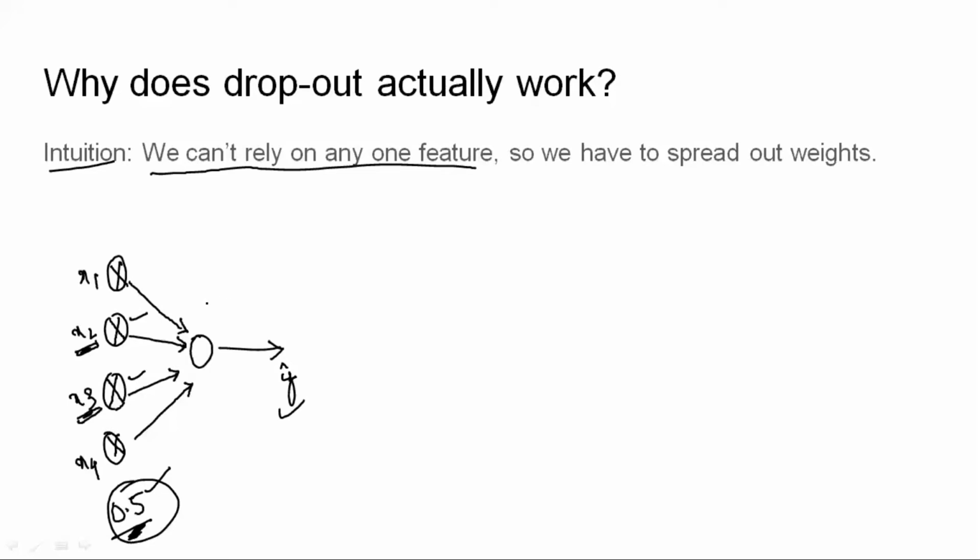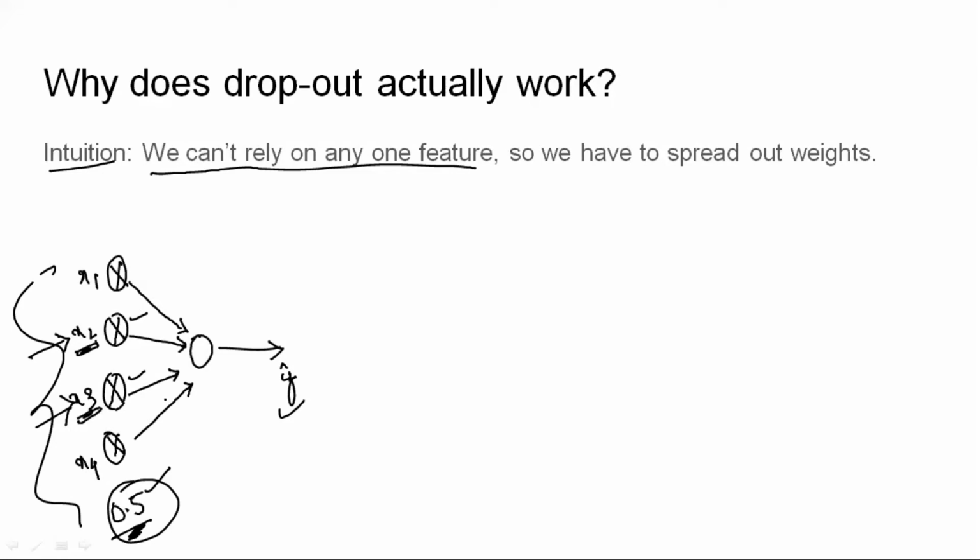So what we basically need to do is spread out the weights. Instead of giving a high weight priority to a single feature like x2 and x3, we distribute the weights over all four input features in this neural network. So any particular input feature does not get a very high importance.